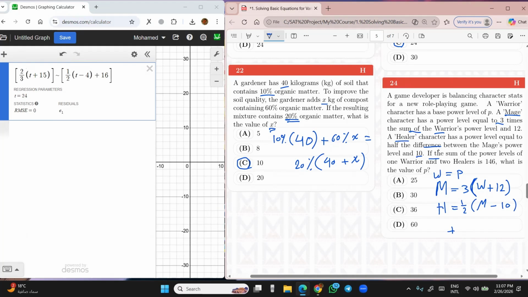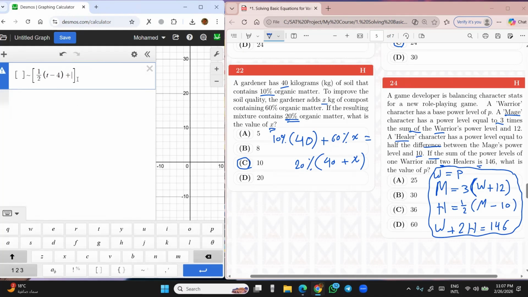Power levels of one warrior, W, and 2 healers, 2H, you have to write 2H, is equal to what? 146. What makes this question hard is that it contains 4 equations. But once you write the equations correctly, once you know how to write the equations precisely, you can stop here and Desmos will do the rest of the task.